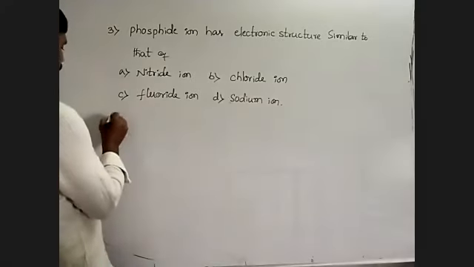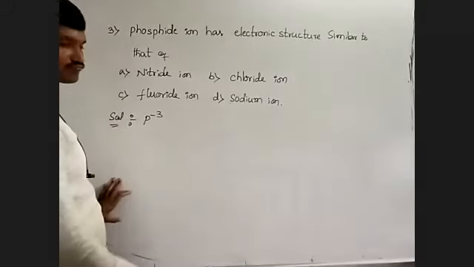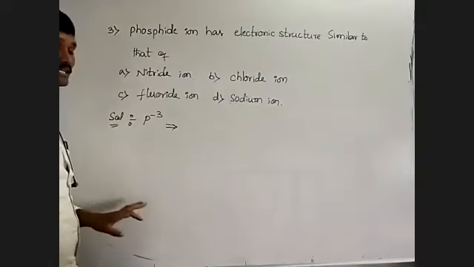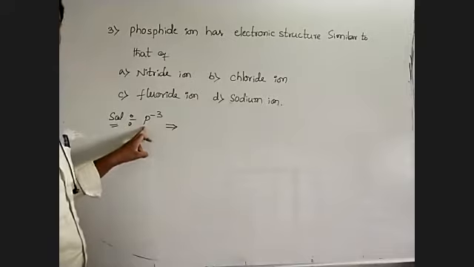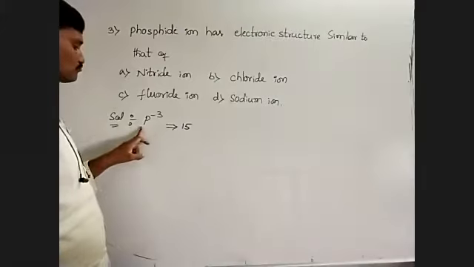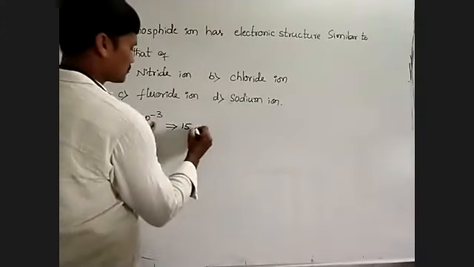What is phosphide here? P minus 3. That is phosphide. So how many electrons are present in the phosphide ion? That is the question here. Phosphorus atomic number is 15, so it contains 15 electrons and it has 3 extra electrons.